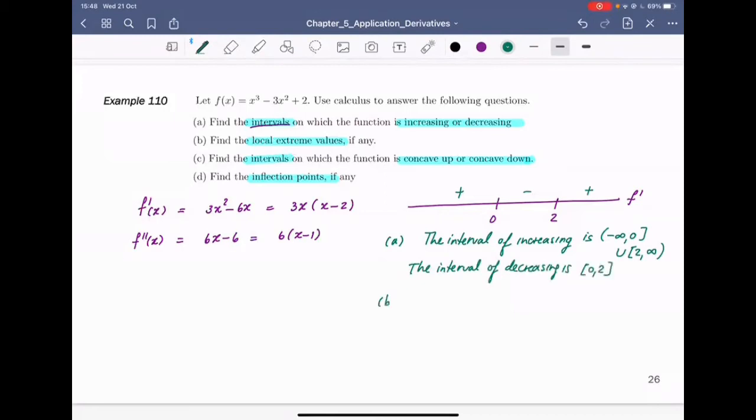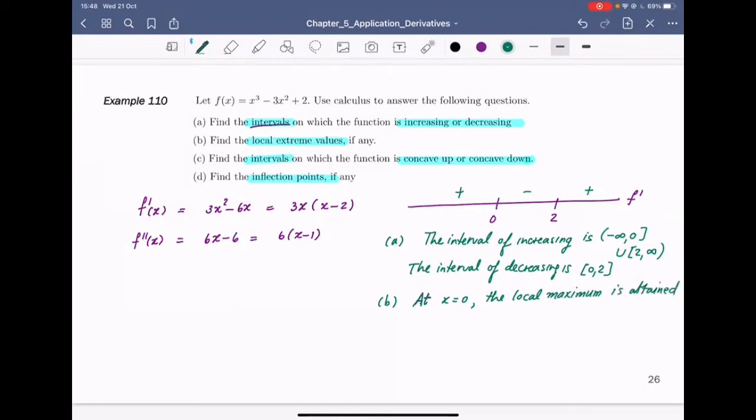All right, for part B, if I want to find the local extreme value, you can see that this is increasing and then decreasing and then increasing, right? Which means you know that at x equal to 0, the local maximum is attained.